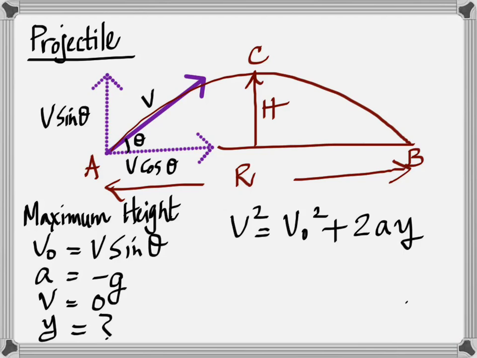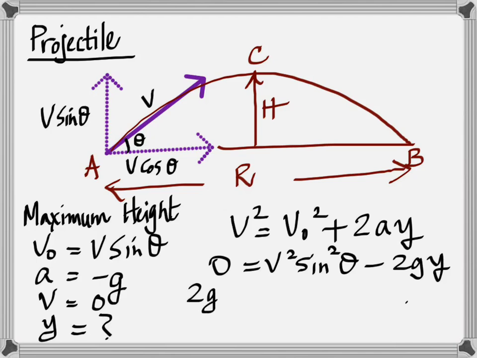Substitute into that, rearrange, simple math. Well, the plus is going to become negative. Is that right? The positive becomes negative because A is negative G. Then rearrange that to make Y the subject.